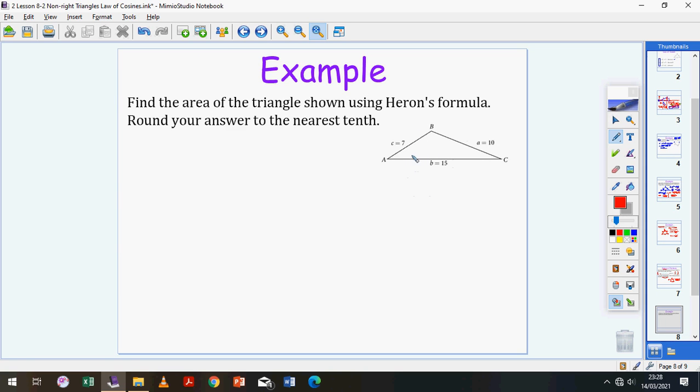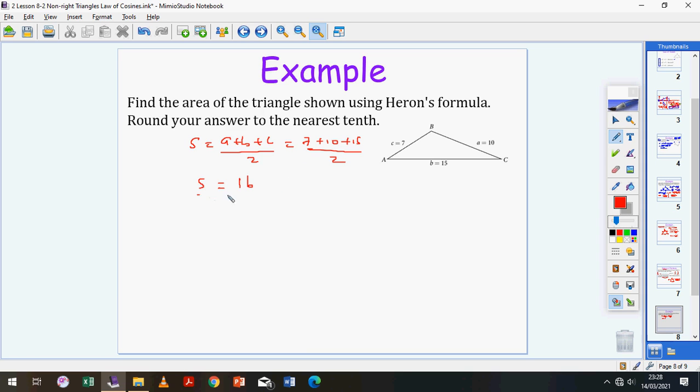First thing we need to find is the semi-perimeter. Remember, semi-perimeter is A plus B plus C over 2, which will be 7 plus 10 plus 15 divided by 2. That is 17 plus 15 is, come on, people, you know this. 32 divided by 2 is 16, so S is 16.